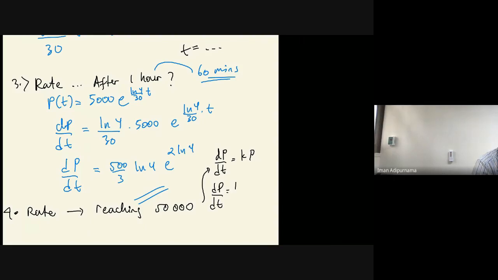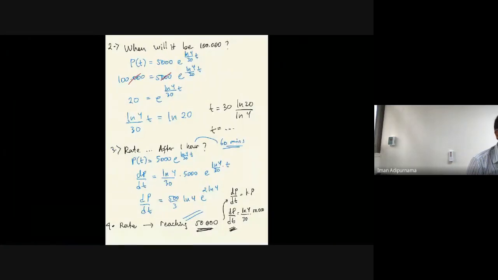So k is ln 4 divided by 30, multiplied by 50,000, and you get the rate of change when reaching 50,000 population. That is basically all the typical questions that can be derived from exponential growth. The same thing happens with radioactive decay. The difference is that in radioactive decay, you have a reduction in number.